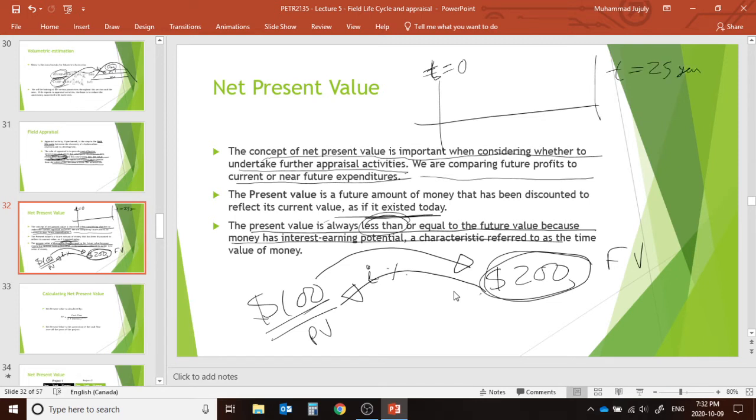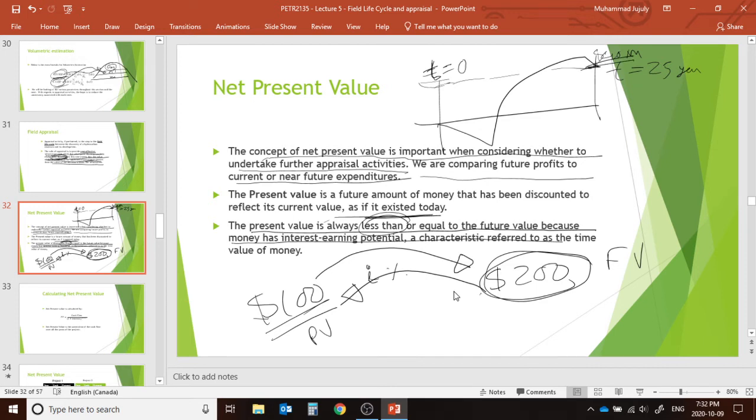If you have invested the money and then you get the return after 25 years later, you get, for instance, $40 million.